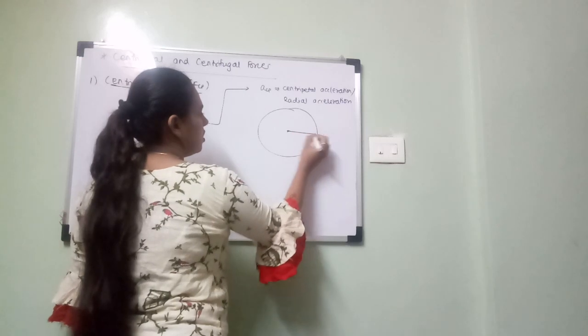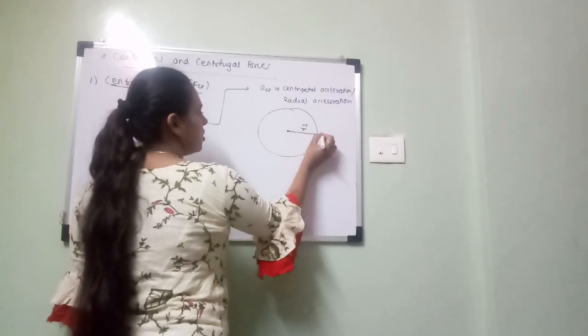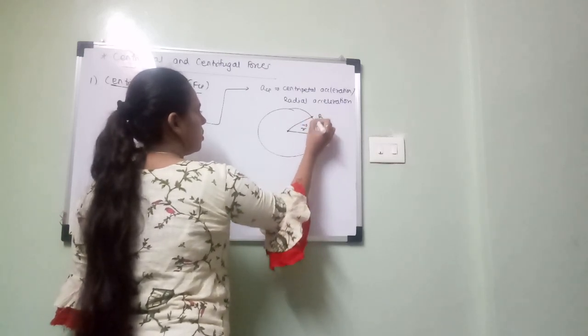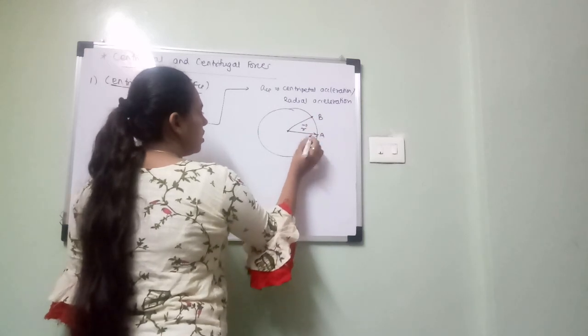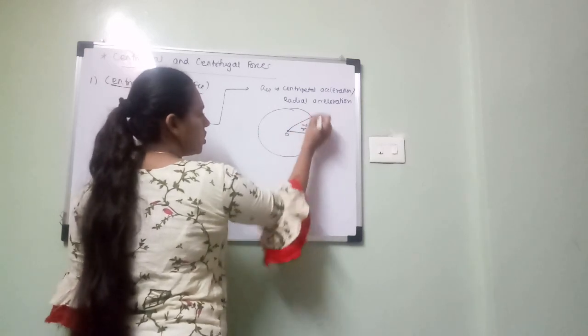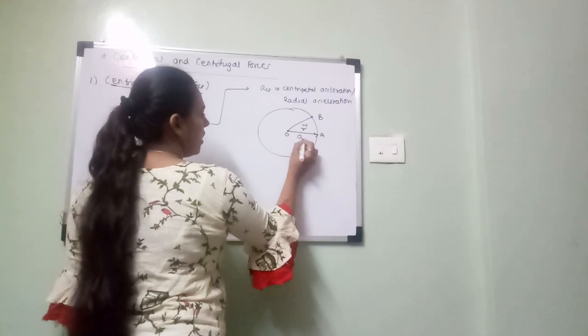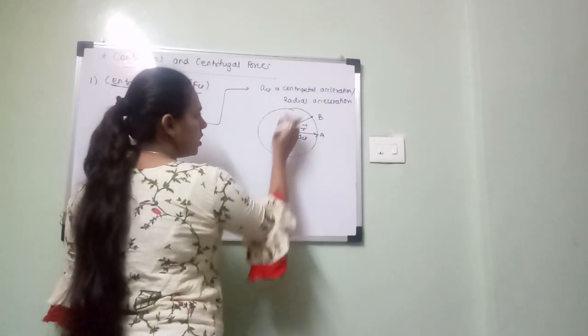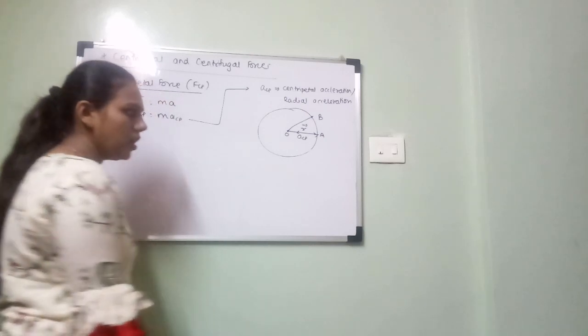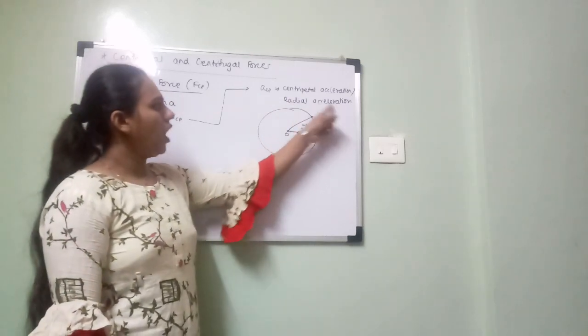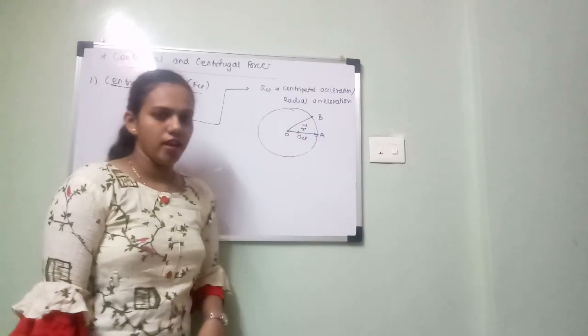Suppose this is r bar, this is position A, position B, this is the initial and this is the final position. Then ACP is directed towards the center, hence it is known as centripetal acceleration, and it is along the radius, hence it is known as radial acceleration.